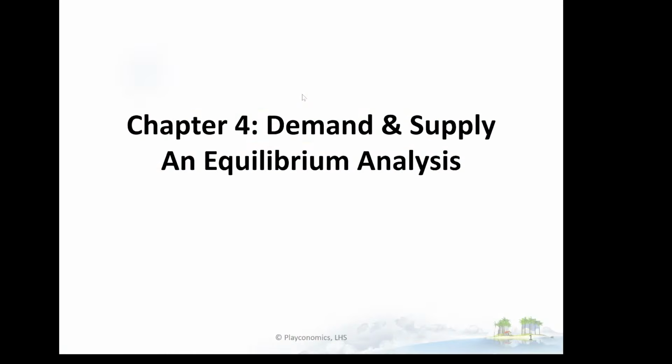But what we're trying to see is the connection between the individual demand and the total market demand, and the individual supply and the total market supply. So let's get into it now. We'll move over to our slides.